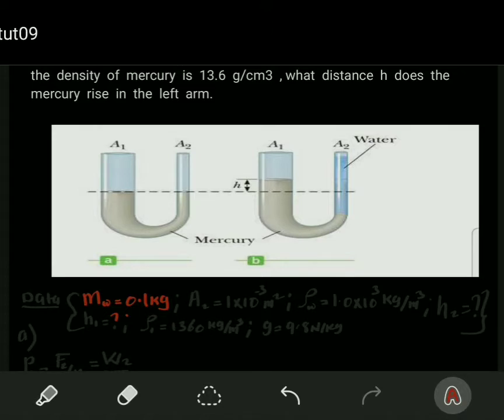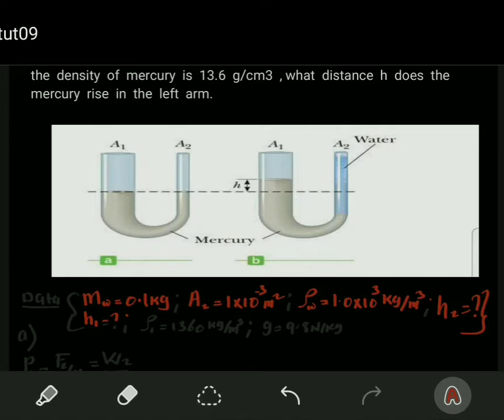The area A2, which is the area of the right column, the smaller one, is given as 1 times 10 to the minus 3 square meters. The density of the water is also given as 1 times 10 to the power 3 kgs per cubic meter. Now, the height h2, or the length of the water, is what we want to determine here.